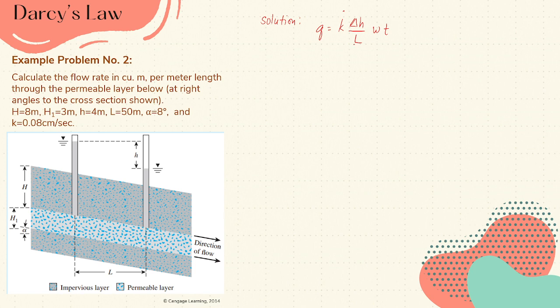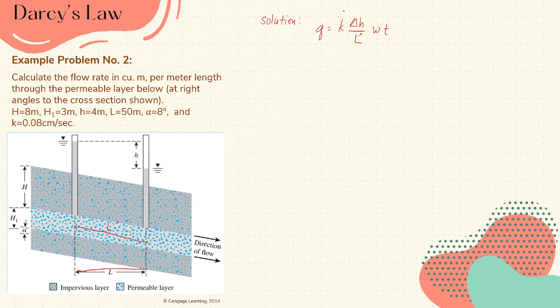And then how about our L? This is not parallel to the flow. So we have to calculate this length. The length of this one, let's denote as L prime for the sake of this problem. So our L prime is the one parallel to the direction of flow.